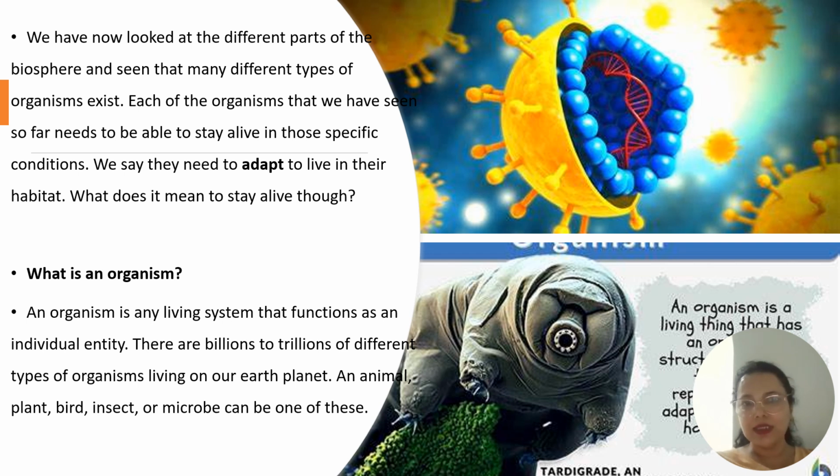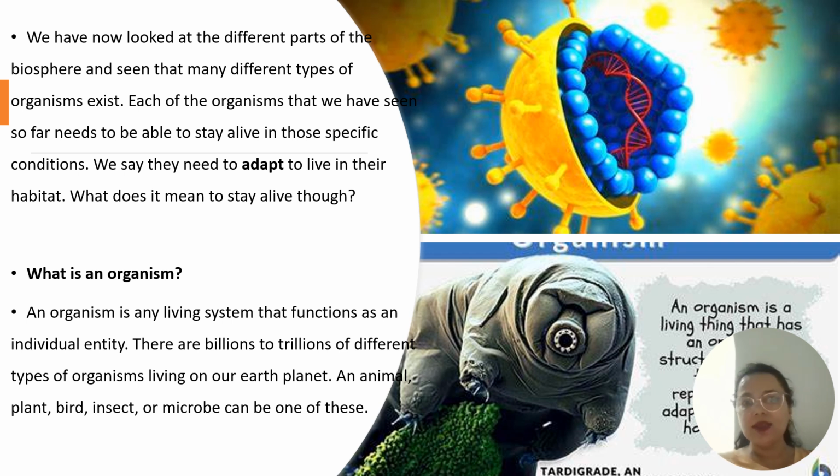Plants are structured in a certain way to make up the different plants that they are, just like the birds and insects. So these organisms adapt to the conditions in its habitat and it exists and it lives according to the habitat it is suited for.